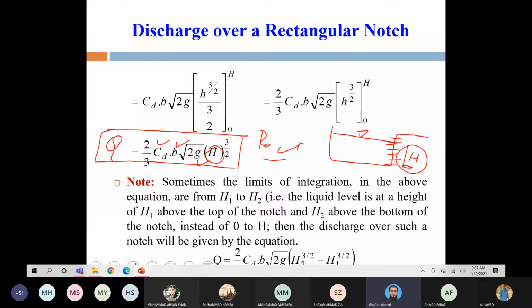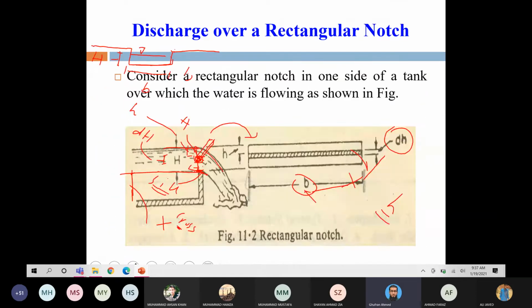Sometimes... अब इस नोट में क्या लिखा है? Sometimes the limits of integration in the above equation are from h1 to h2. हमने इसको जीरो कंसिडर किया है, तो समटाइम्स क्या होता है, जीरो किसी जगह पे इसको हम ले लेते हैं और कह देते हैं भाई यहाँ से यहाँ तक से 5 फीट है और यहाँ तक से 8 फीट आ रहा है.